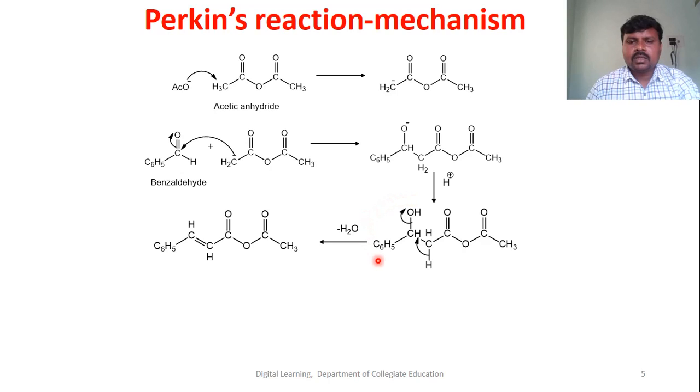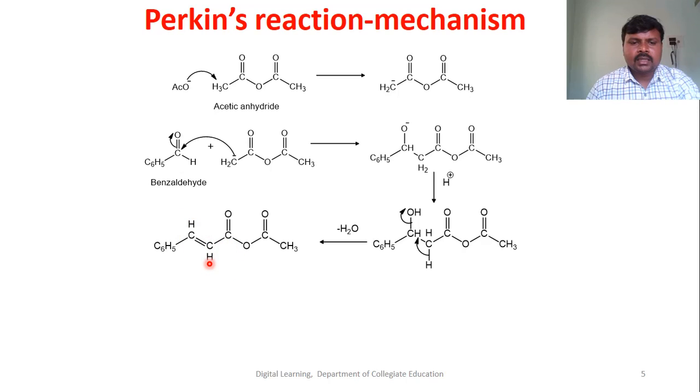This hydroxyl containing compound undergoes dehydration, that is removal of water molecule, to form alkene. The water molecule is formed by the hydroxyl group and one of the hydrogen atoms. This hydrogen atom and this OH combine to form water molecule, resulting in the formation of alkene.